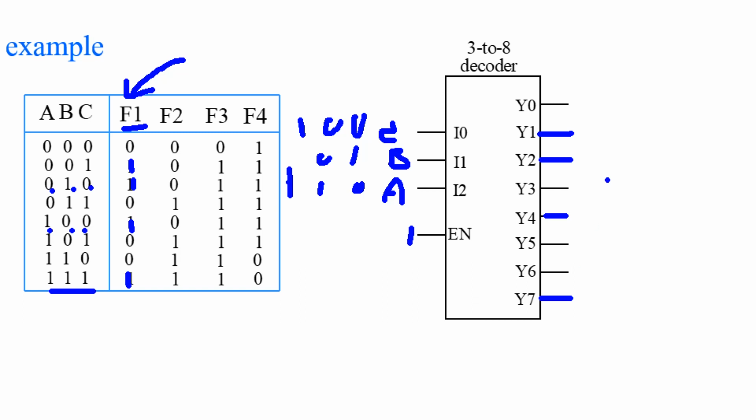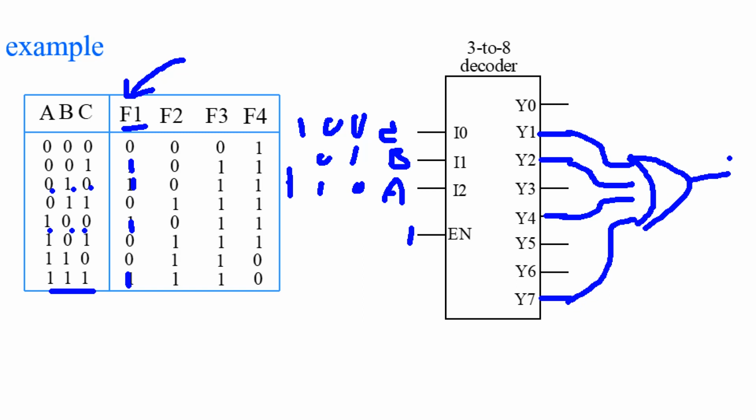So you just bring these four terms all together. The F1 function is like you combine, or sum, these minterms.